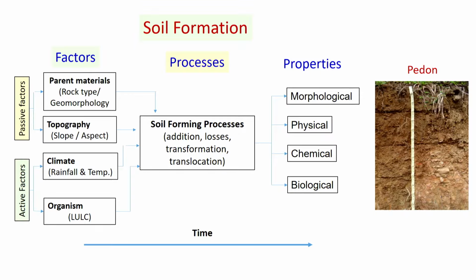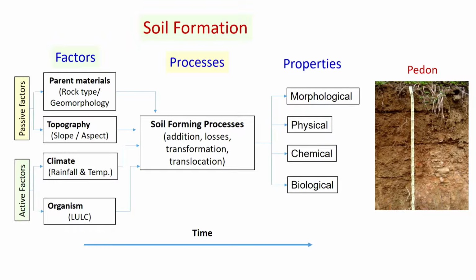Biological properties mean how many microorganisms are present in the soils, and the biological property which we measure in the soil survey is the amount of organic matter present in the soil.